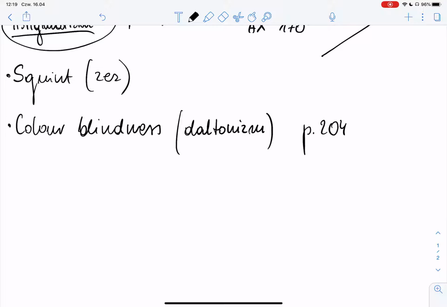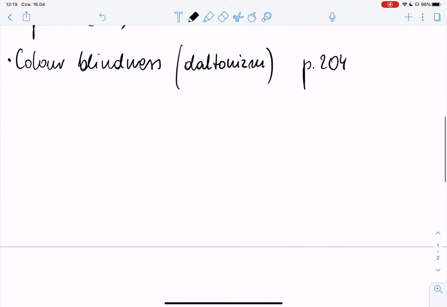And guys, let's talk about good practices that are worth doing in order to protect your vision. First of all, wear glasses with UV filter. UV light is really harmful.